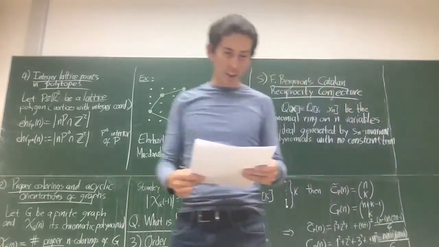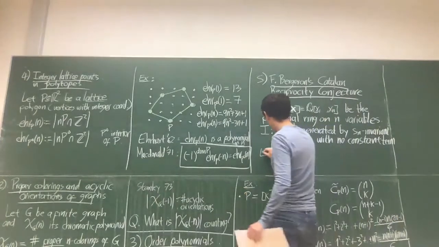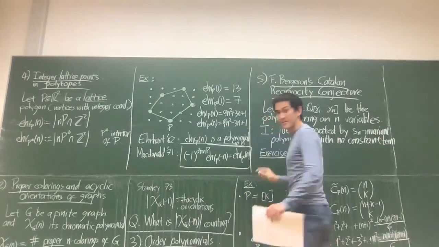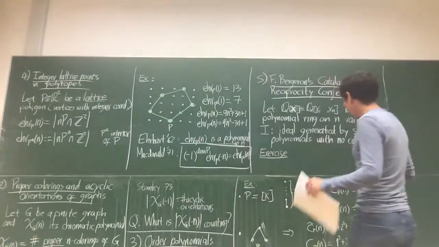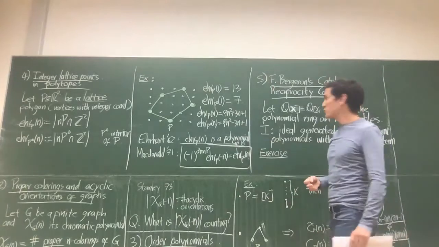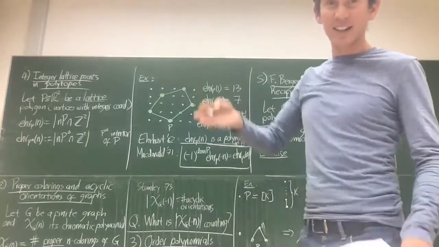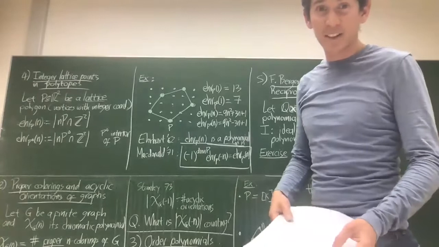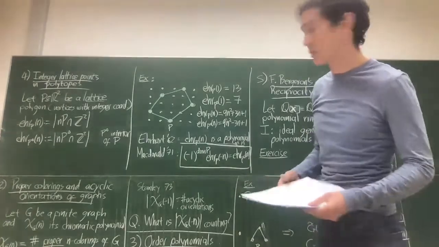And so here's an exercise for you. This is not the conjecture yet. This is just an exercise. Show that if you take the quotient of this ring of polynomials by this ideal, then the result is finite dimensional. And not only that, you can explicitly compute the dimension.